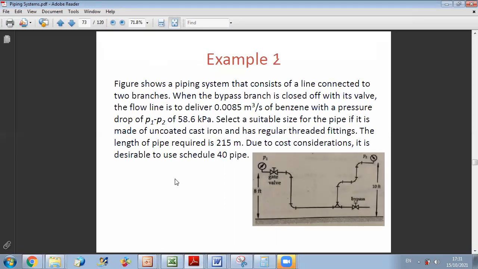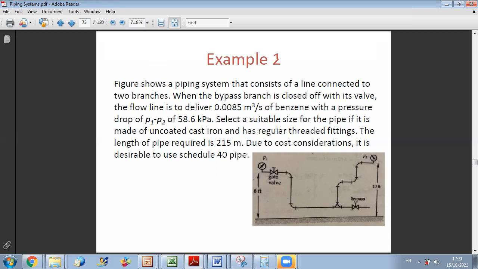The following figure shows a piping system that consists of a line connected to two branches. When the bypass branch is closed off with its valve, the flow line is to deliver 0.0085 meter cube per second of benzene with a pressure drop of P1 minus P2 equal to 58.6 kilopascal.